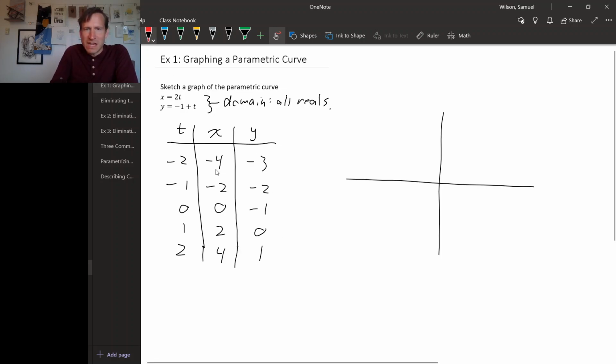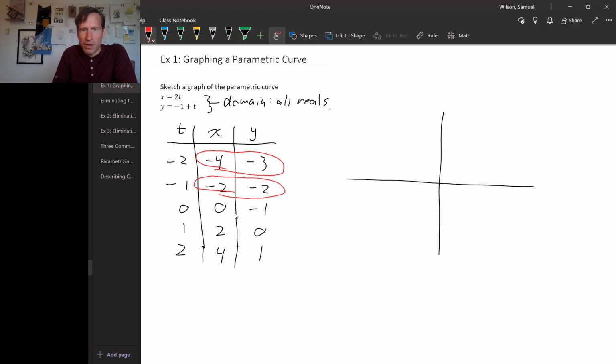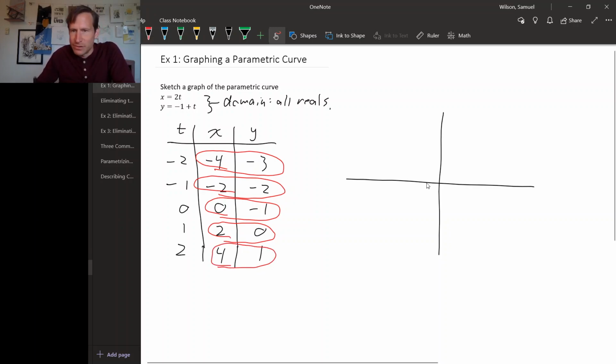Okay, now you can see each t value has produced a point, an x value and a y value. And so what we can do is plot all of these points on our coordinate plane. So let's start at the top, I guess, with minus 4, minus 3.